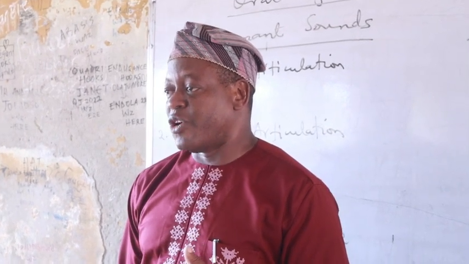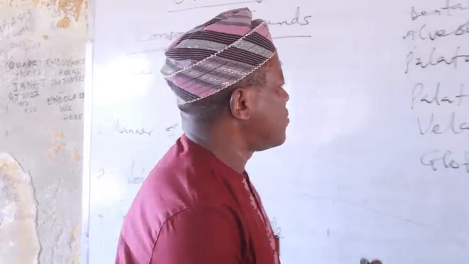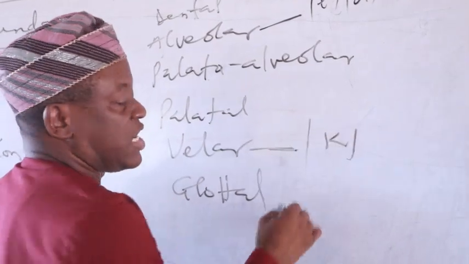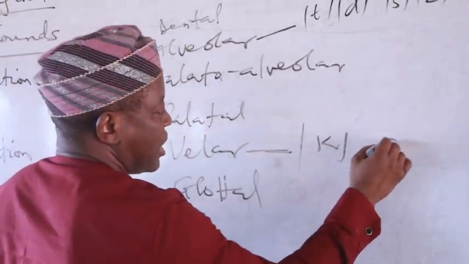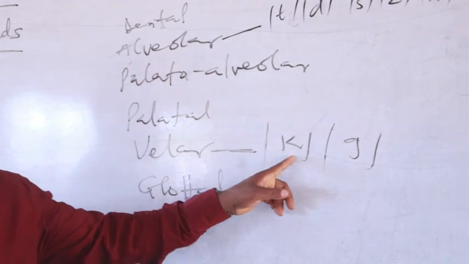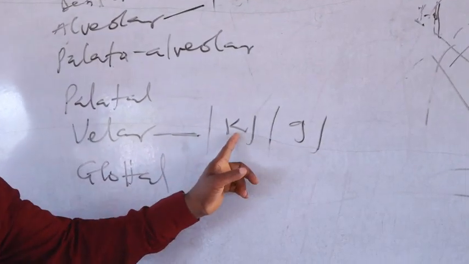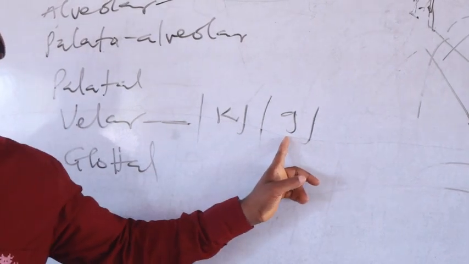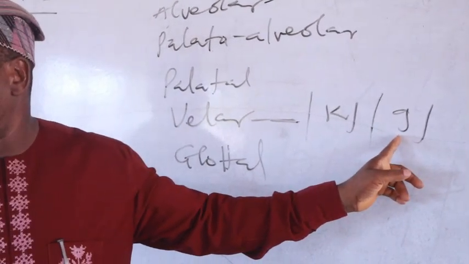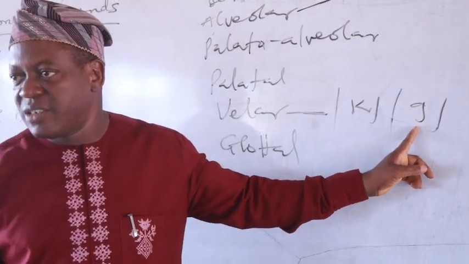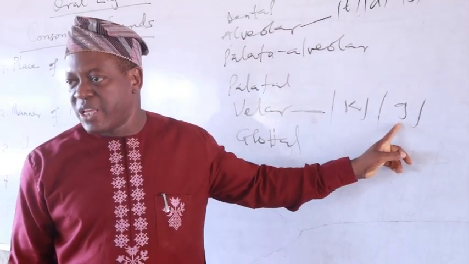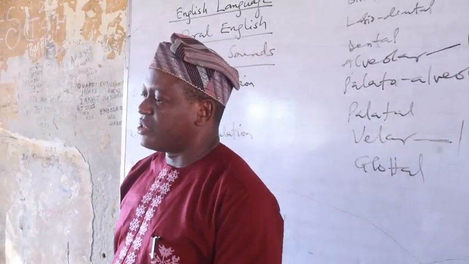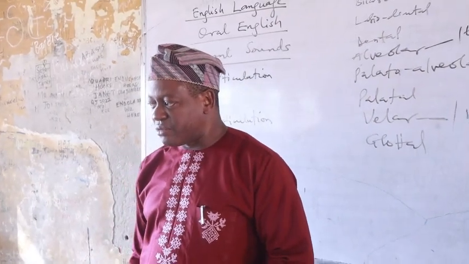There are two of them: K and G. Cake, chemist, check. G: target, gear, gain, bargain, examination.